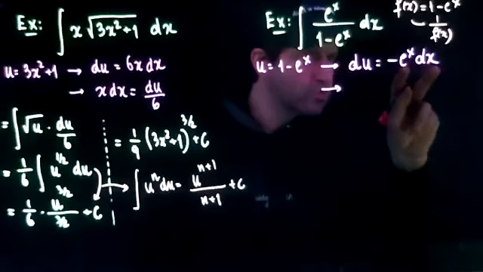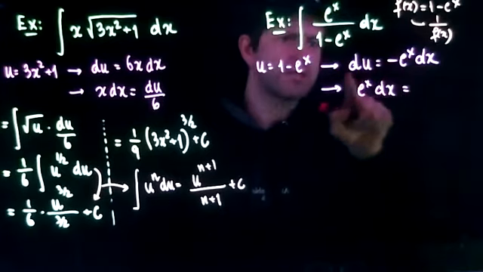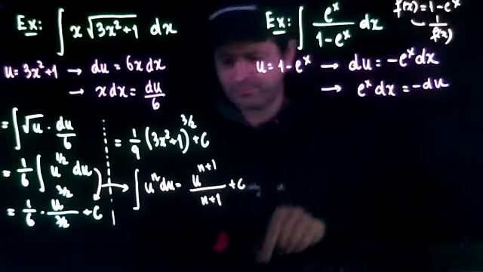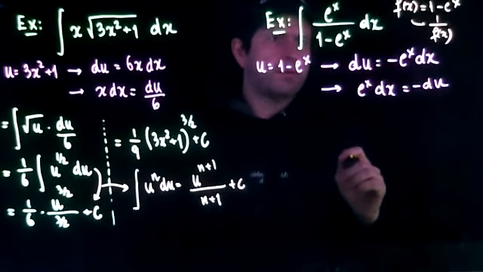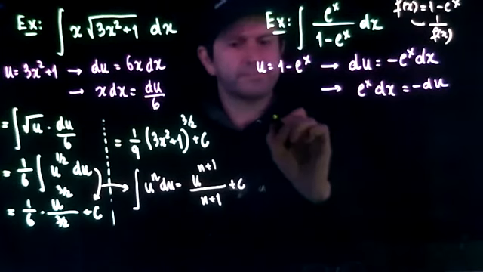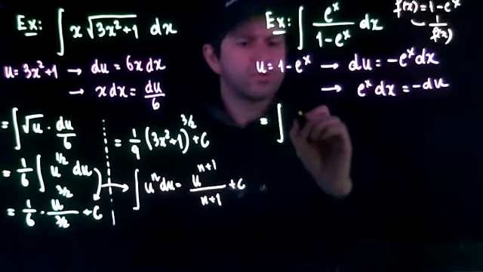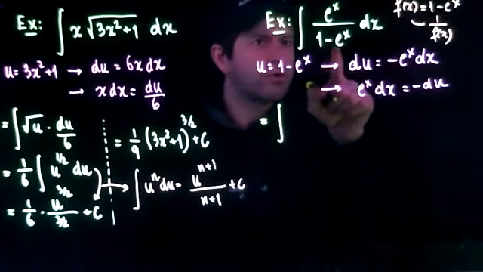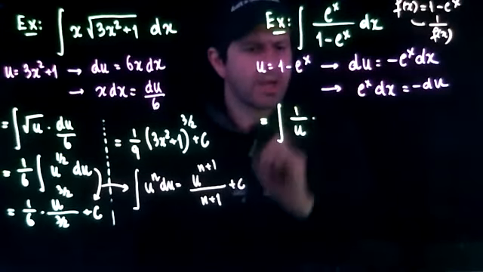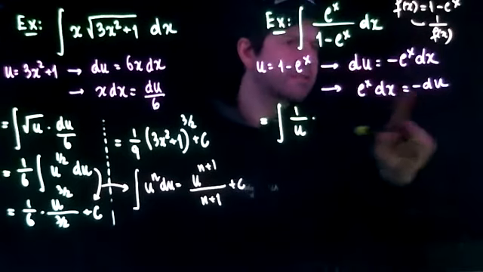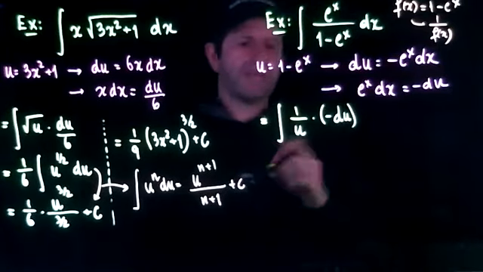Okay, so let's continue. e to the x dx is negative du. So now let's replace everything. 1 minus e to the x is u, so 1 over u times e to the x dx, which is negative du. And that's a very easy integral.